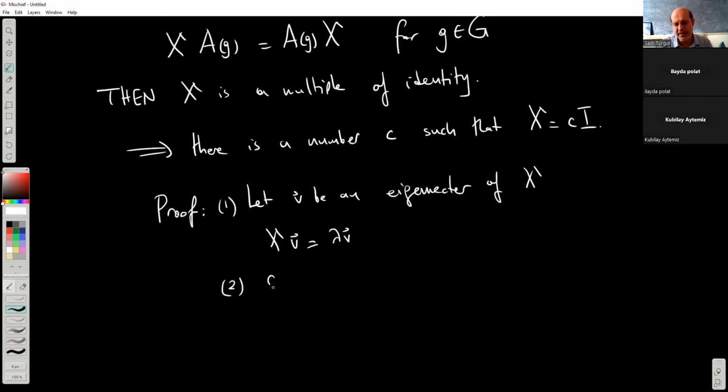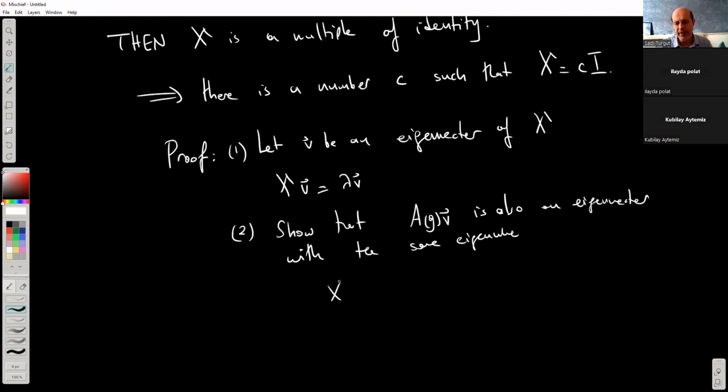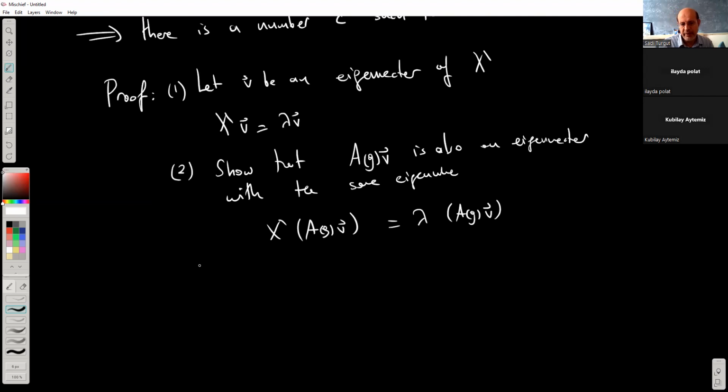The second step is that I show that A(g) applied on V is also an eigenvector with the same eigenvalue. Basically, X applied on A(g)V is equal to lambda times A(g)V.